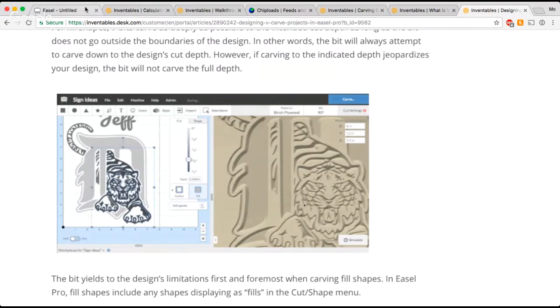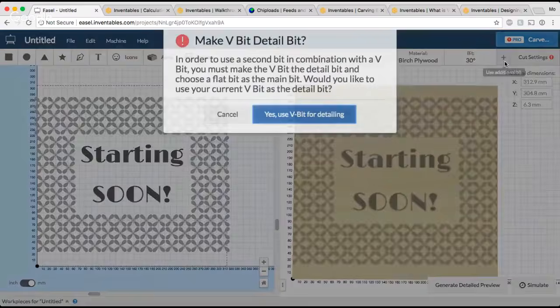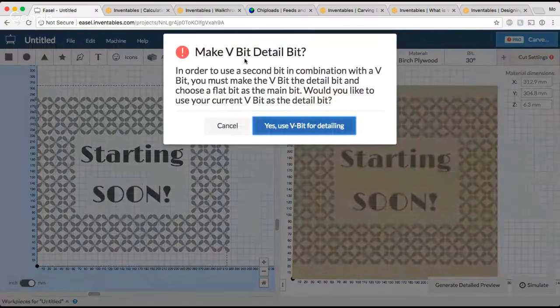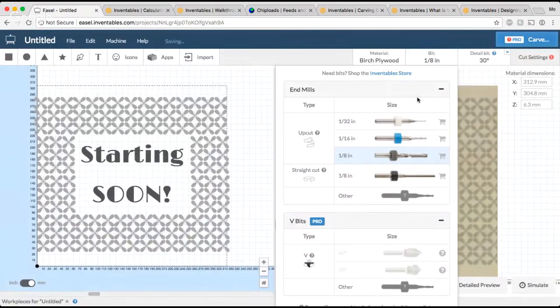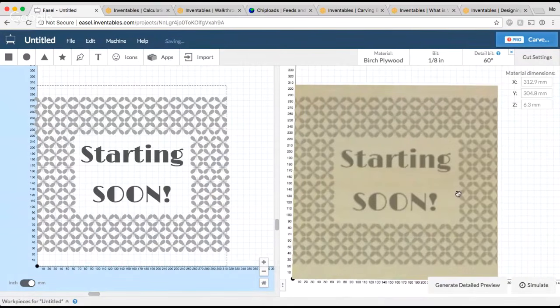Or you can also use a V-bit as the detail bit in a normal project. If I go to use an additional bit, it's going to tell me that you should use the V-bit as the detail bit, which means now I'm going to use an 1/8 inch bit for my pocketing, and I can just use my V-bit for the details. It's going to generate those two different tool paths. It's a 2-stage carve. We have a lot of information about that.